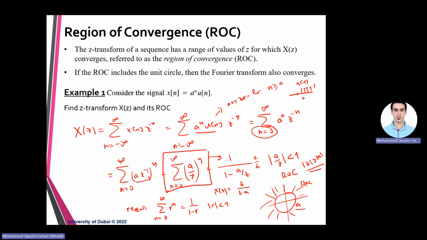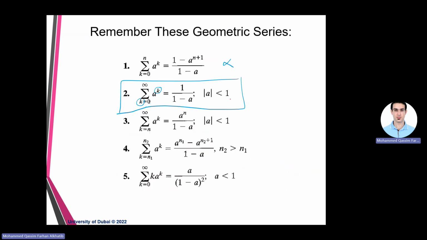And you can simplify even more by multiplying by z on the numerator and the denominator. So in this case, you will have z over z minus a. All right, so here's the condition. That's from the tables, and the absolute value of r should be less than 1. And this is what we had from before. There you go, that's the one.